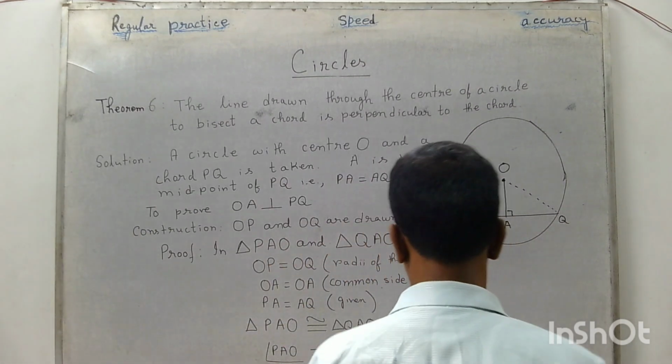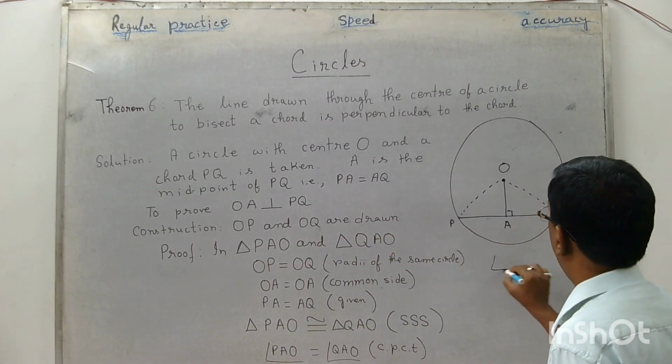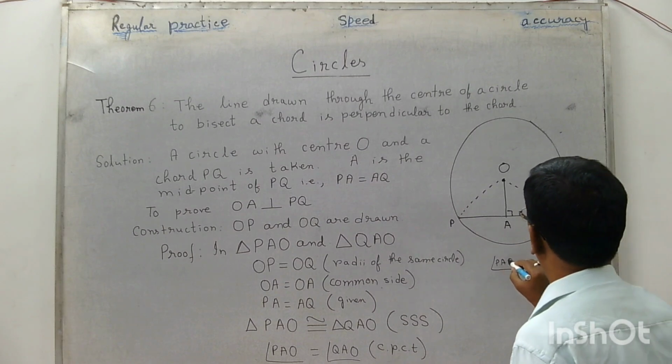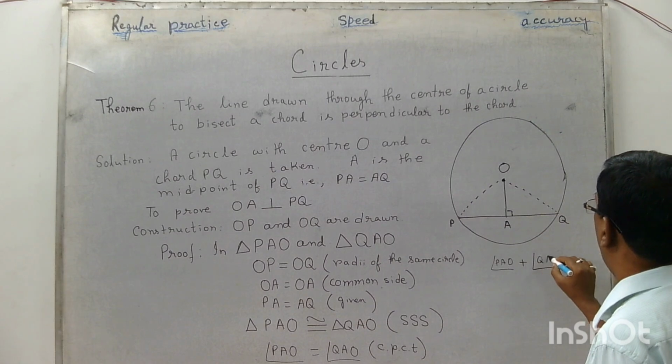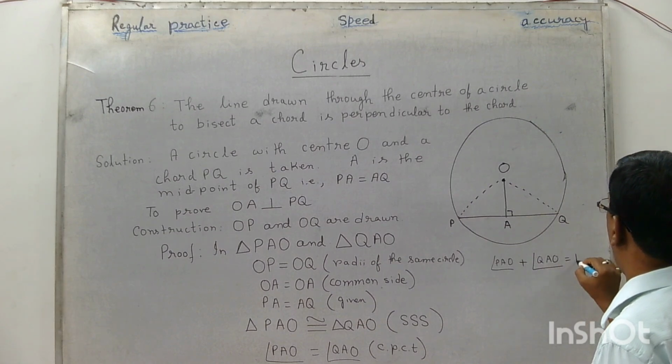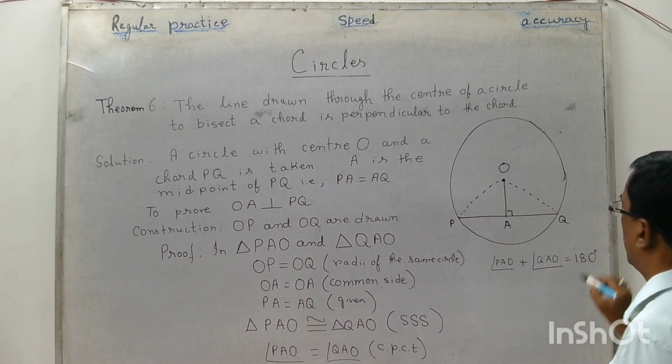So angle PAO plus angle QAO equals to 180 degree, straight angle.